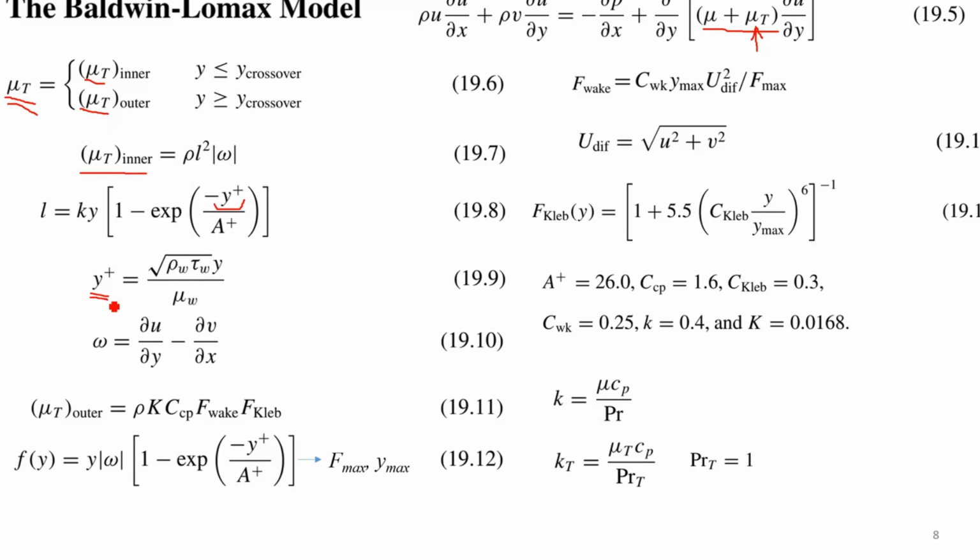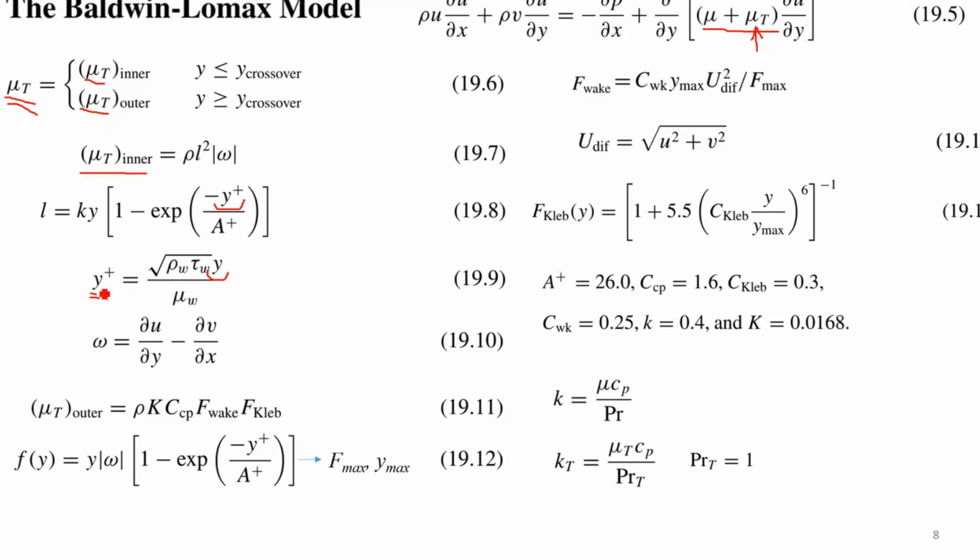This is because the viscosity was wrong. Y plus is calculated from known properties of the fluid: density, shear stress, and viscosity, multiplied by y, the coordinate. So y and y plus are connected linearly.